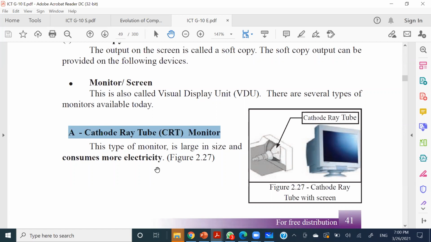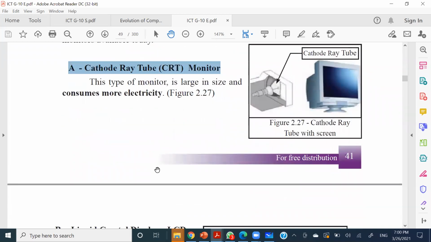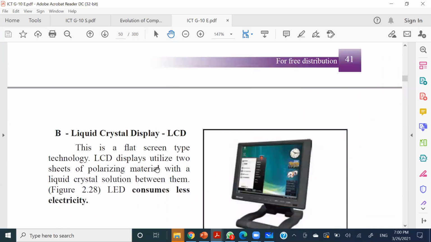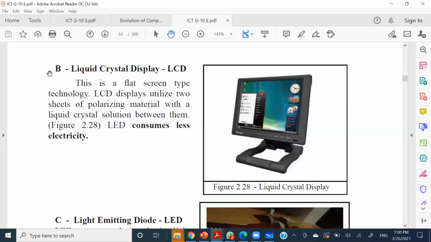All right, moving forward. Then the capital B, liquid crystal display. Put a dash and have LCD as well.